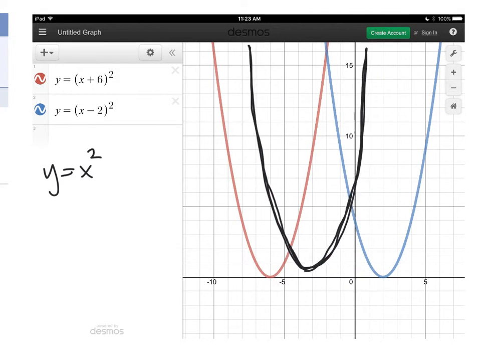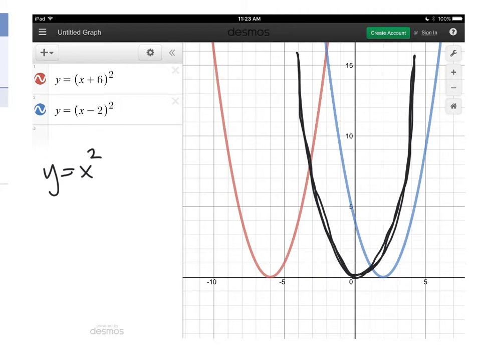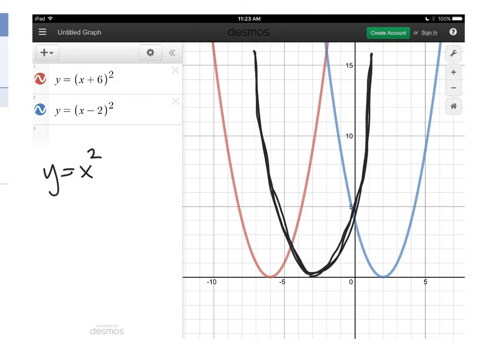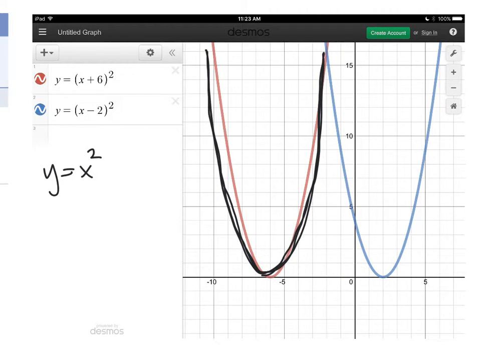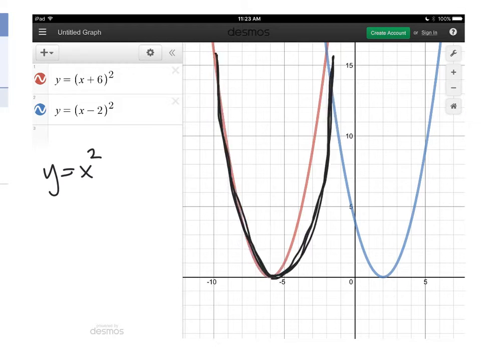It turns out it slides it to the left. How do I know? Because the red one is x plus 6. So when you add 6, it actually takes your equation and slides it to the left, which to me is counterintuitive. That's backwards. So when this says add 6, it means it's shifted to the left 6.